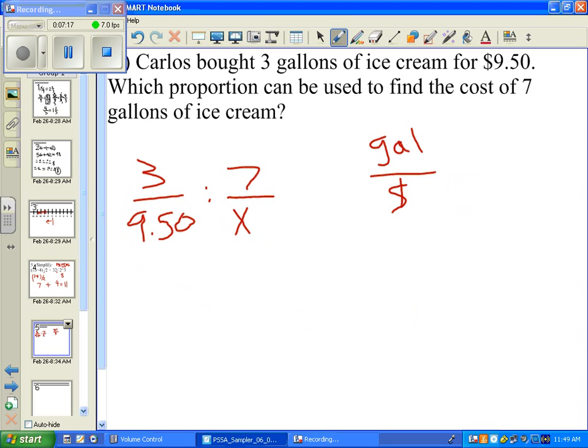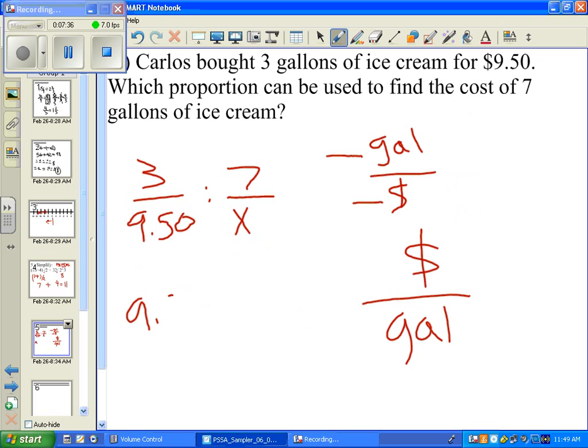You could do the problem like this. This is using the gallons on top and the money on the bottom. But you could also set it up the opposite way, with money on top and gallons on the bottom, and it will work out the same way.